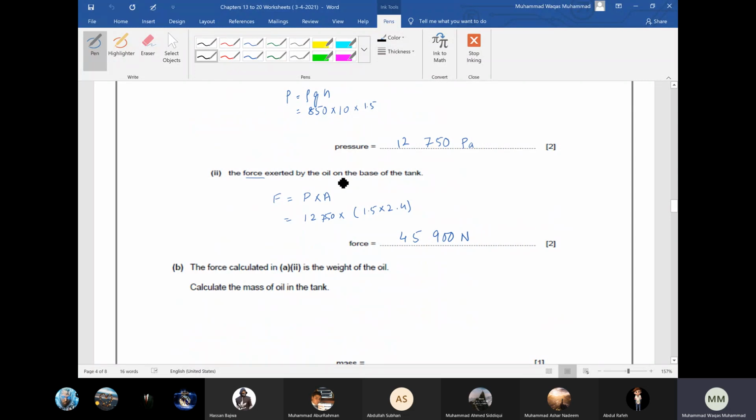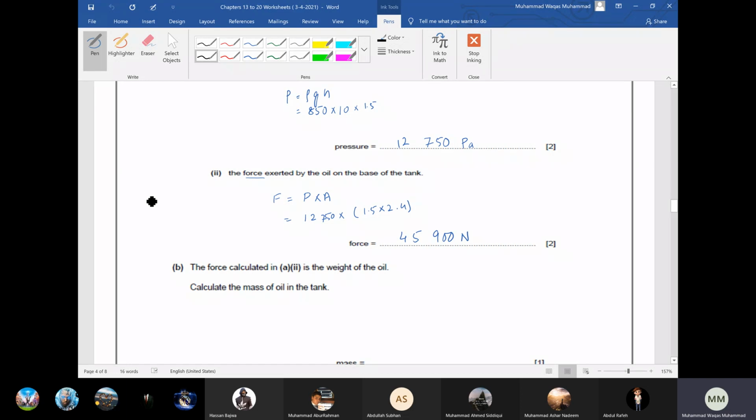Now the force exerted by the oil on the base of the tank. Now beta, we know what pressure the oil exerts on the base, so we can find the pressure force. Now with this formula, force is equal to pressure times area, right?